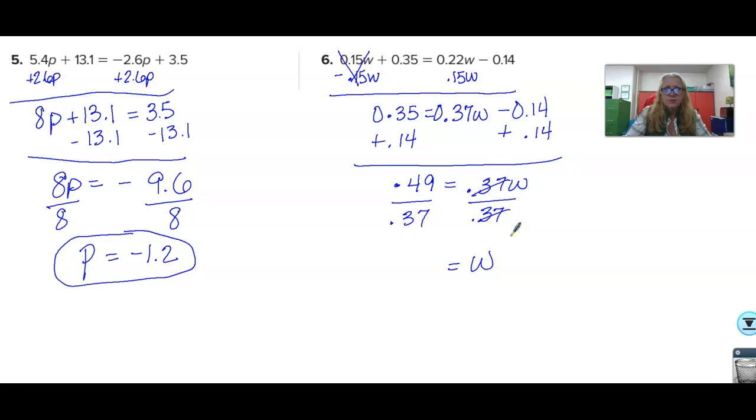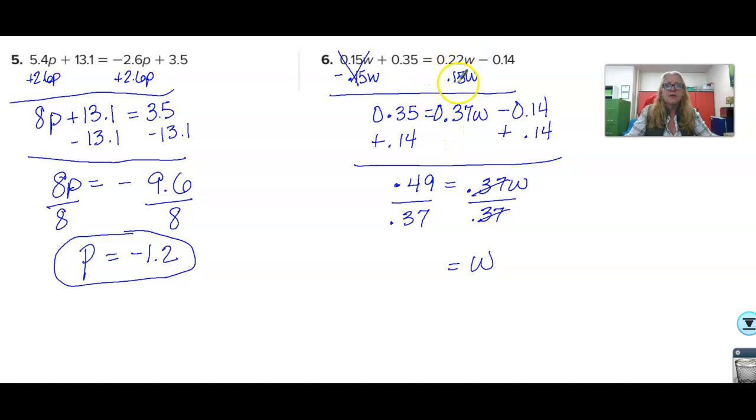Add 0.14 to both sides. There's no way they want that number to be that ugly. Did I put it in the calculator wrong? Right. All right. Let me check on this real quick.